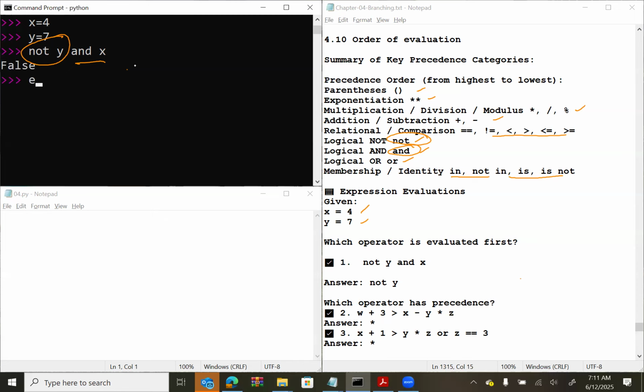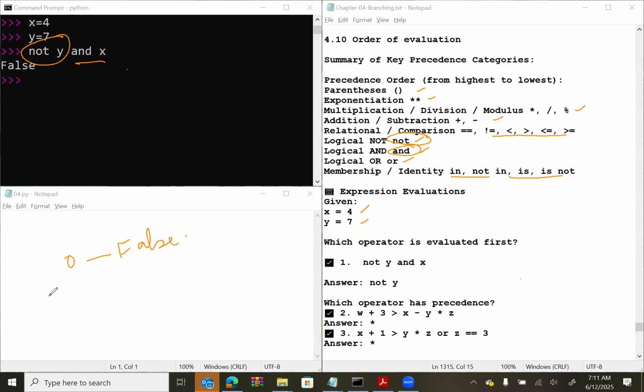Is false. Okay. One more time. If you get 0, 0 is false. 0 means false.